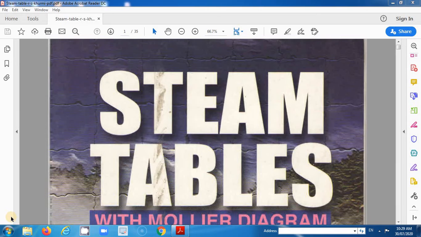How actually the steam table is used: every time in practice the condition is not the same, so different pressures and different temperatures are there, and under those different conditions we have to determine the properties of the steam.